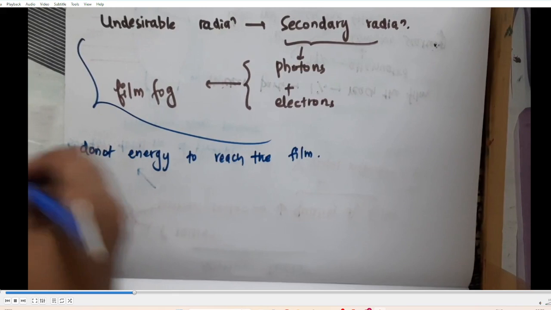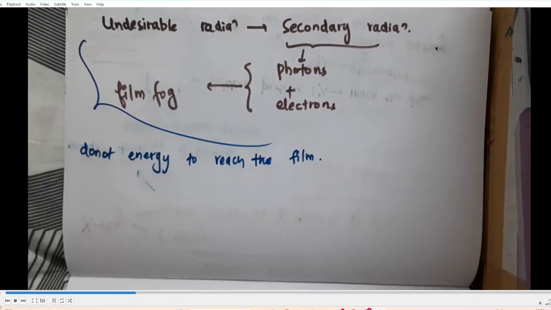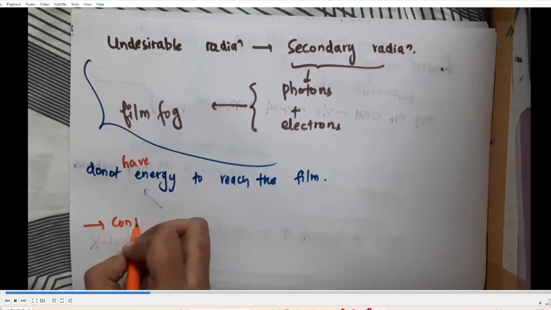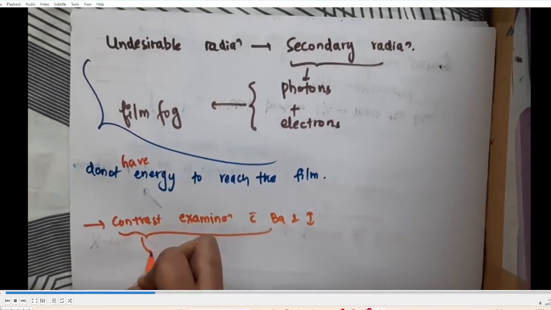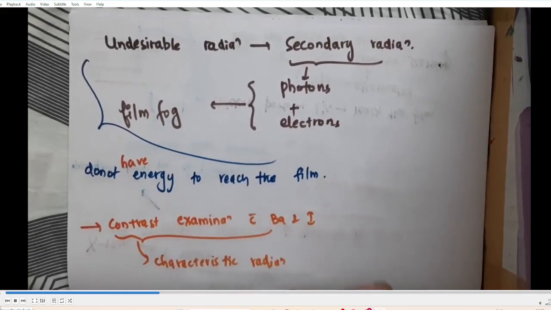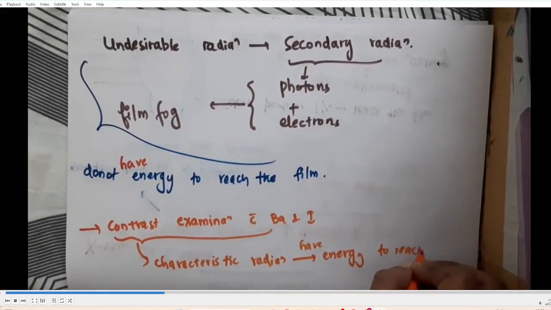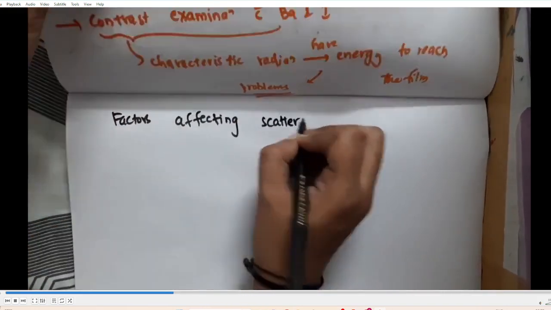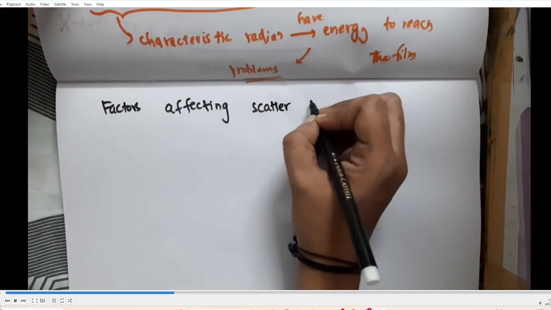In those examinations, the characteristic radiation has enough energy to reach the film and result in problems. The only secondary radiation of any significance comes from Compton scattering, and it has become common practice to refer to all undesirable radiation as scattered radiation.